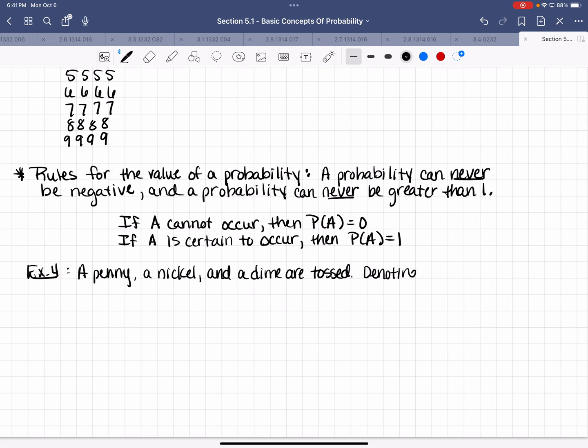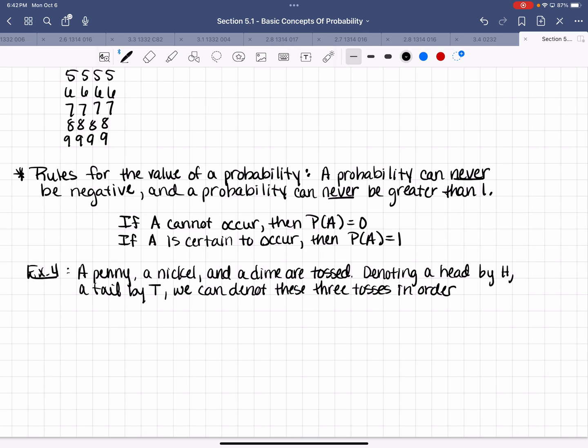Denoting a head by H, a tail by T, we can denote these 3 tosses in order. Okay? Part A does ask me, what is the probability?